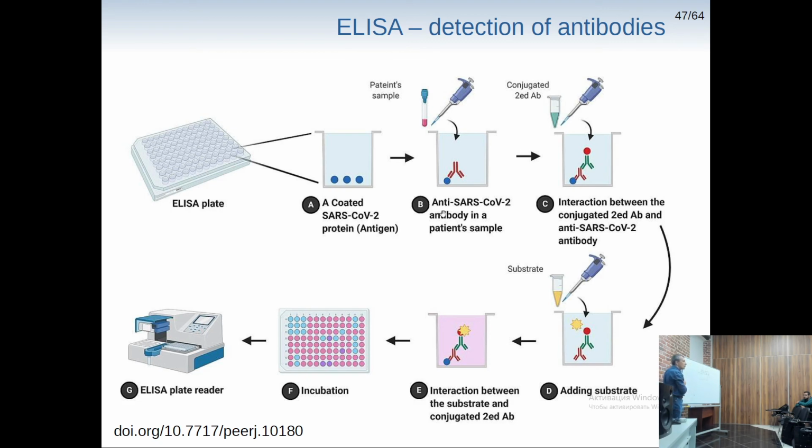This way we can capture it from the solution. We do not need to coat our wells with this antigen. And then we can recognize it again, now with some label, for instance. There are at least 5 different types of ELISA which allow you to detect protein which is on the well, or in the solution, with some additional rounds of amplification, and so on. So you can quantify your protein of interest in solution.